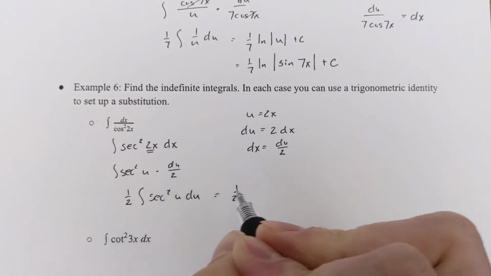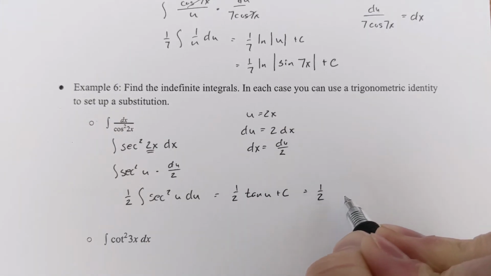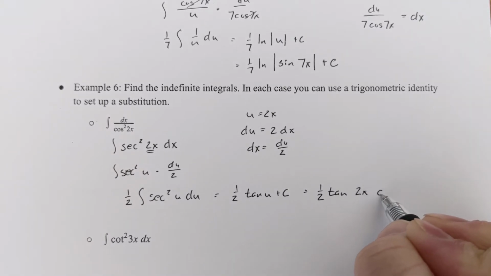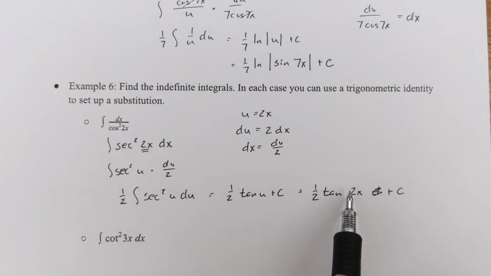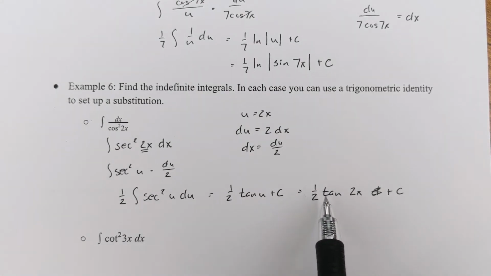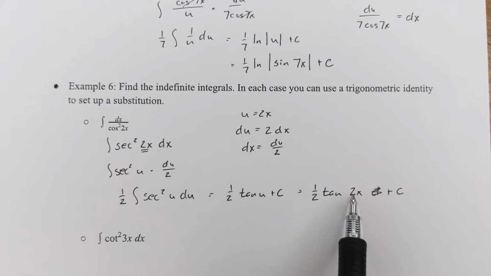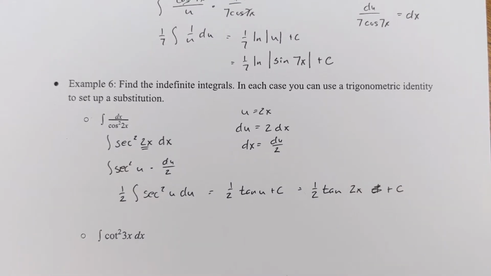The antiderivative of the secant squared is the tangent, and then undo your substitution. Oops, plus c. Now, you can always check: if you take the derivative of this, you'll get that. The derivative of tangent is secant squared, the derivative of 2x is 2, so you have 1/2 secant squared 2x times 2, halves cancel.